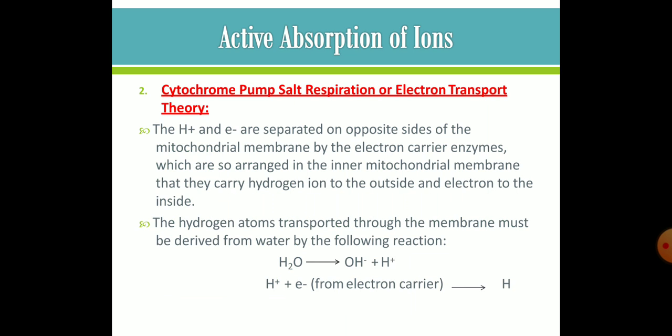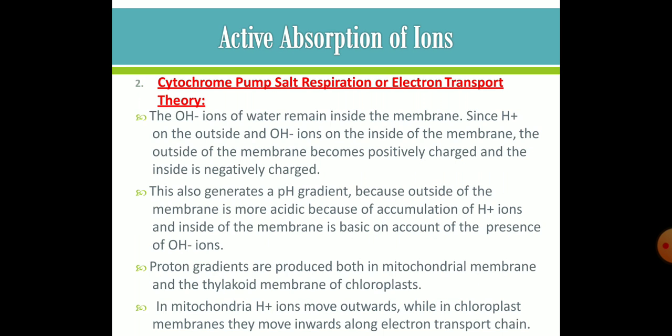The hydrogen atom transported across the membrane must be derived from water by a simple reaction, that is H2O releasing OH minus and H plus ions. The electron carrier moves the H plus ions. So the OH minus ion of the water remains inside the membrane.